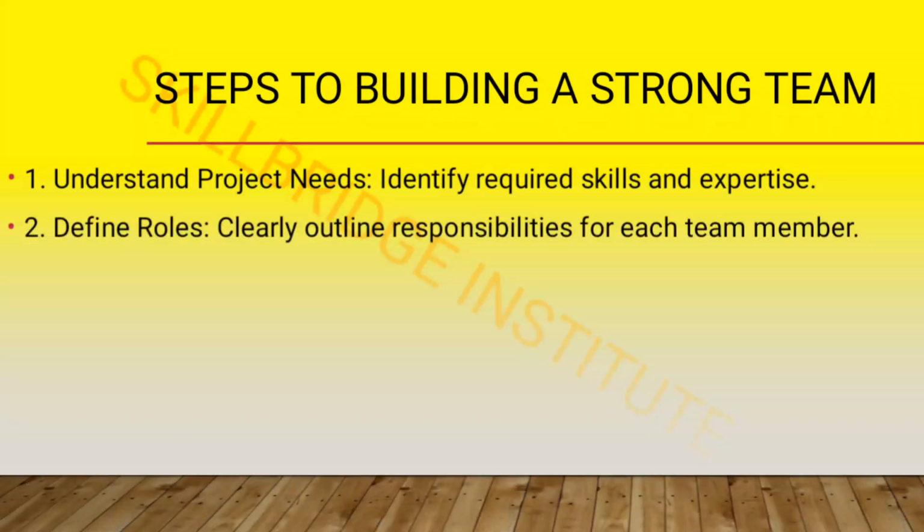Another one, you need to define roles. At this moment, you need to clearly outline responsibility for each team member. If you want to have a strong team, make sure that each team member clearly understands what he or she is supposed to do in that particular project.